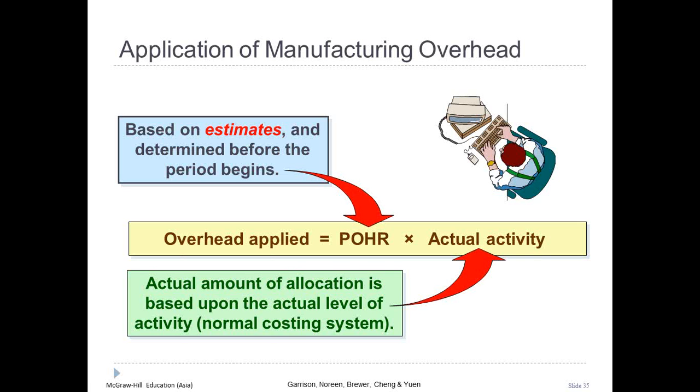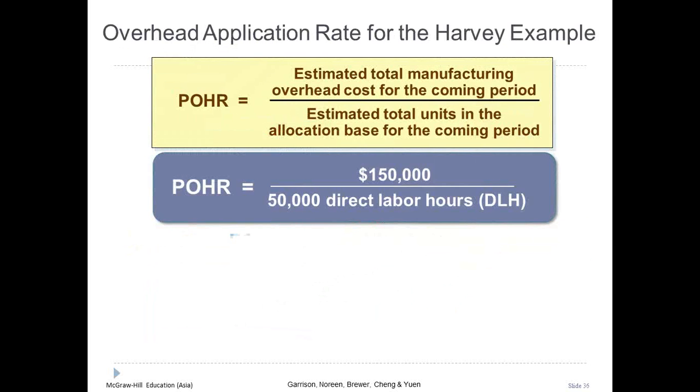Overhead applied equals predetermined overhead rate times actual activity. If overhead is applied on the basis of machine hours, we would apply overhead by multiplying the predetermined rate by the actual number of machine hours used on a particular job or product.